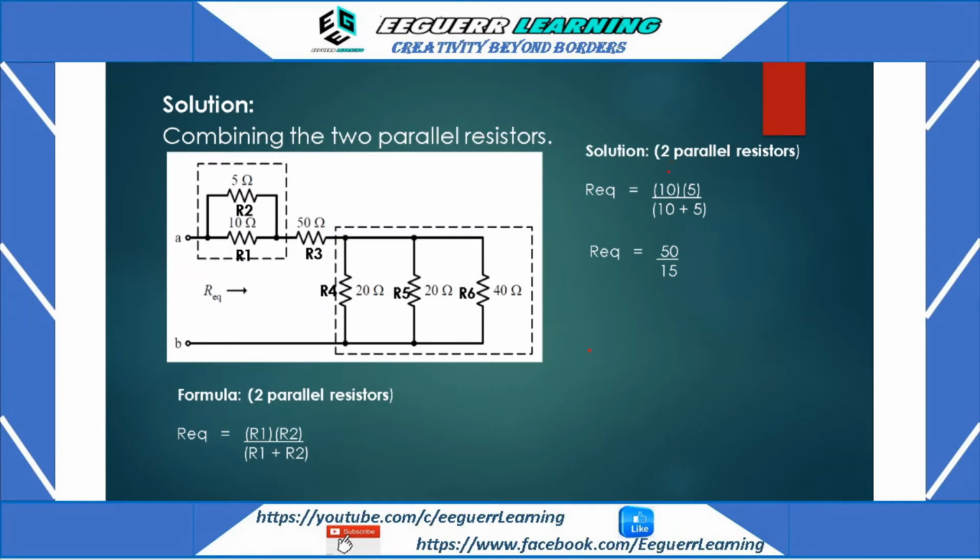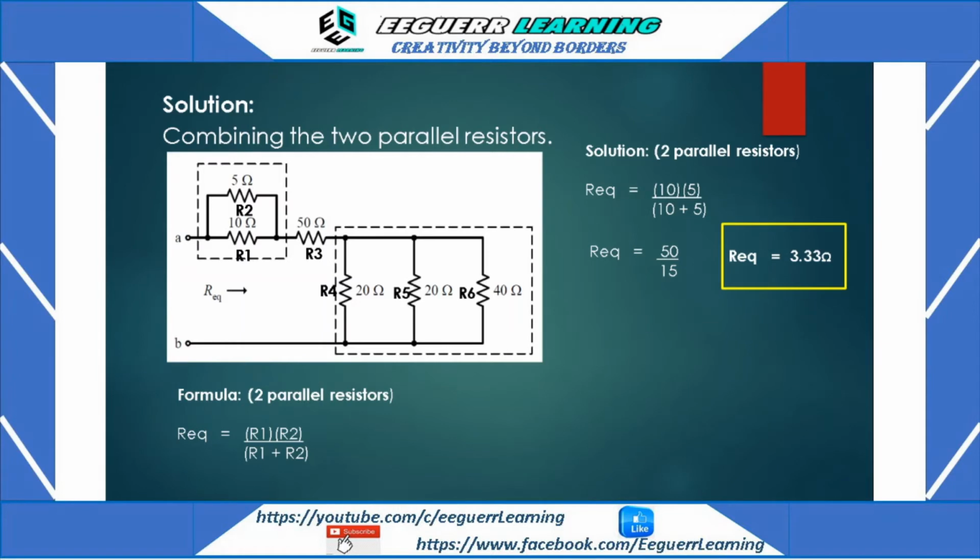So combining 10 times 5 will give us 50, and 10 plus 5 will give us 15.